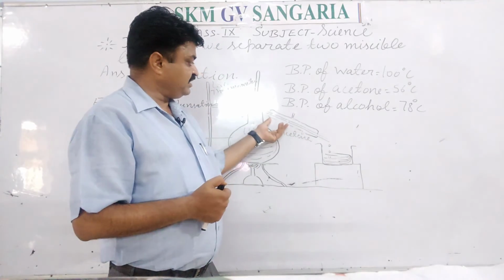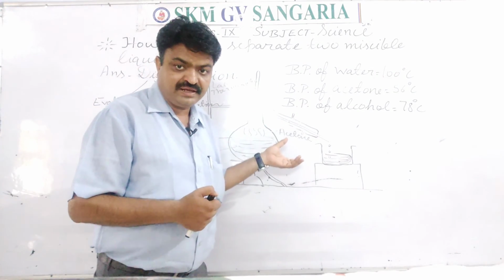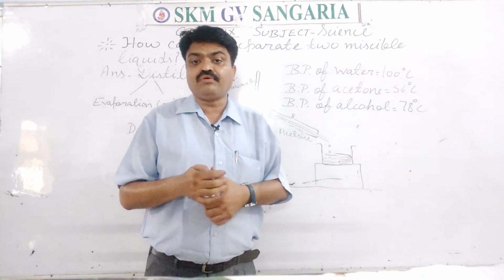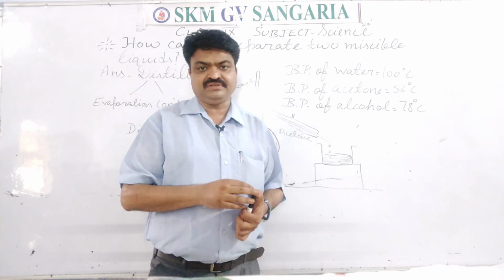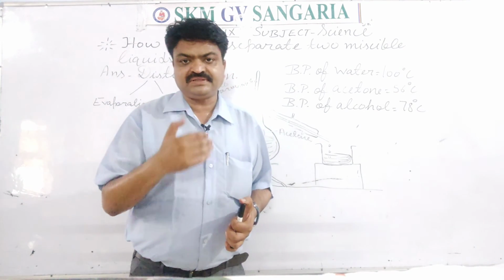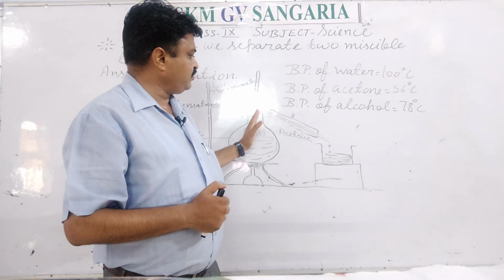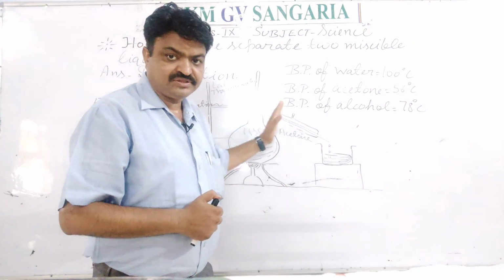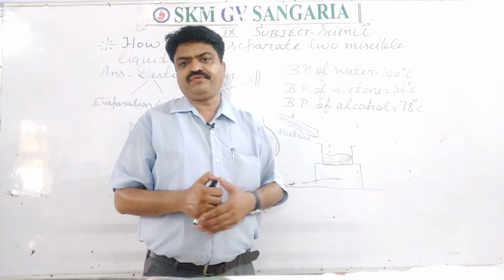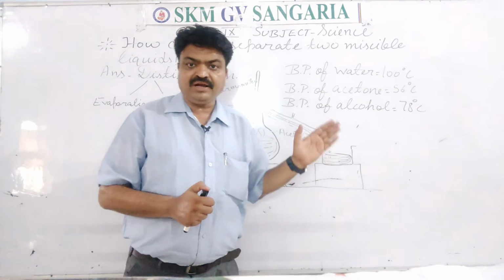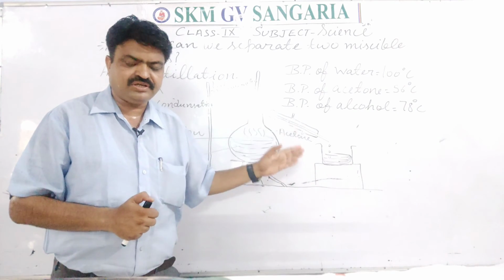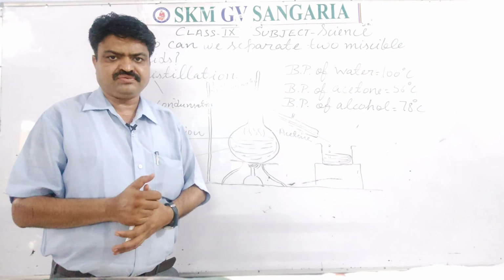The condenser has cold water, meaning cold water is circulated through the condenser, by which condensation is facilitated, and the gaseous substance is changed into liquid form. So that is about the condenser used in distillation, students.